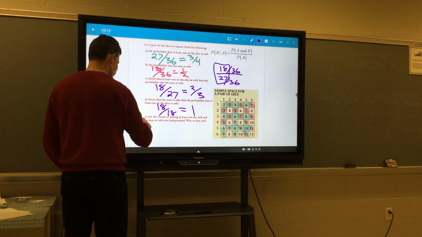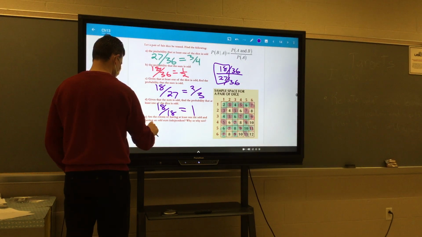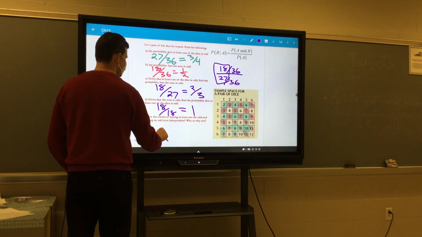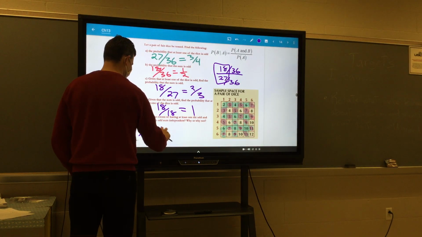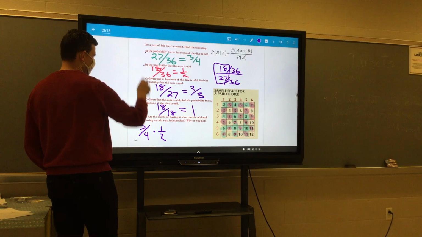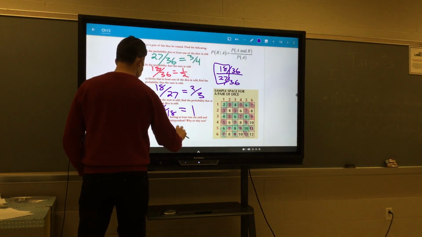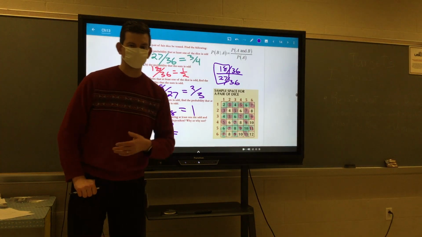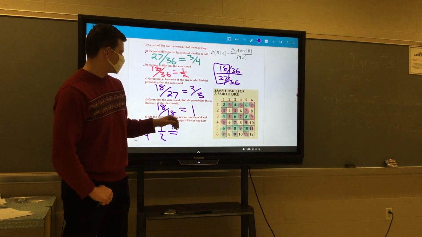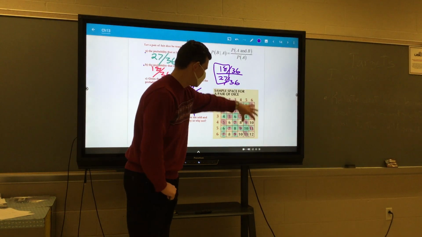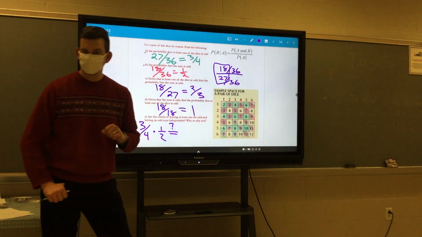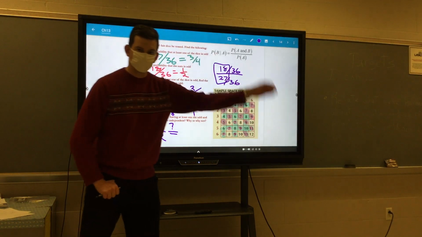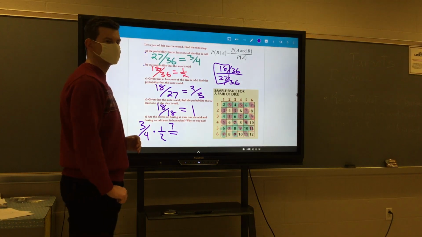Probability of A, we had said, was 3/4 times the probability of B was 1/2. That one and that one. If this is true, it'll equal the probability of both of these happening together, which we just said. There were 18 that are shaded both green and pink, out of the 36 cells, 18 out of 36 reduces to 1/2.